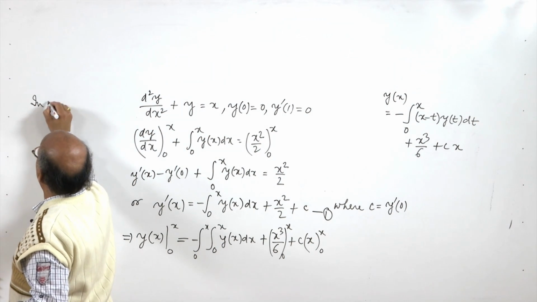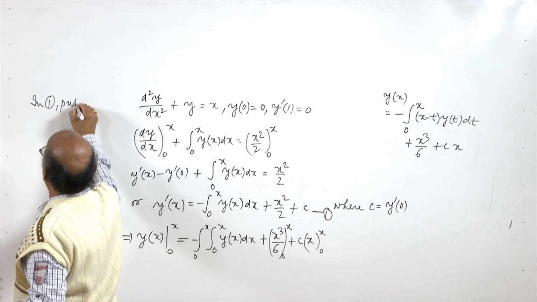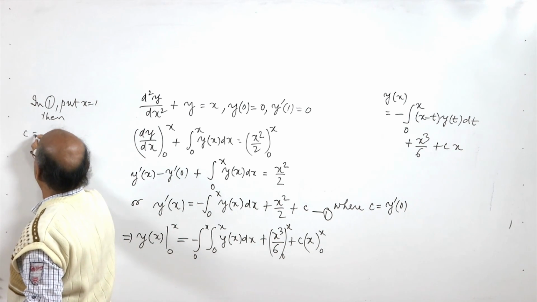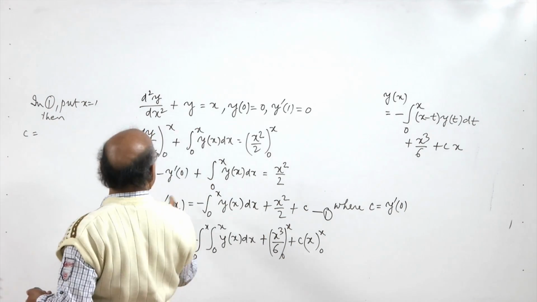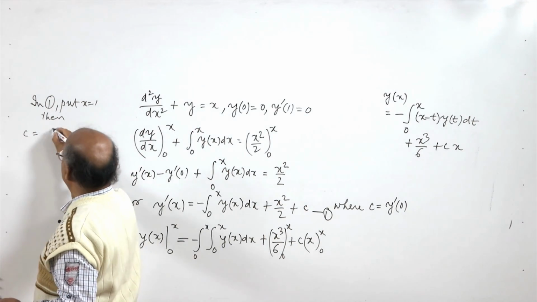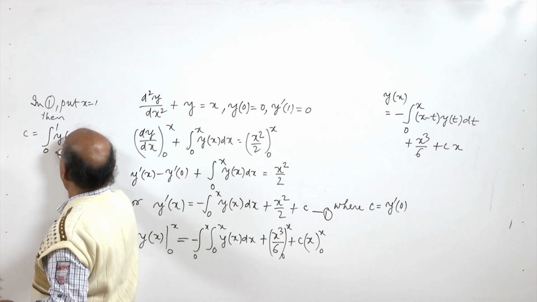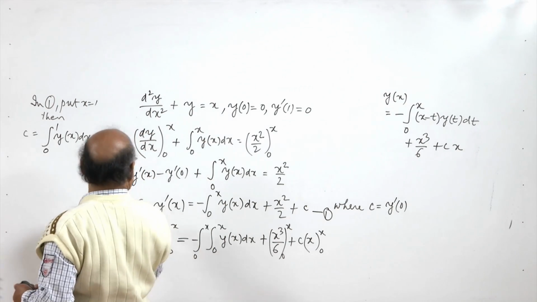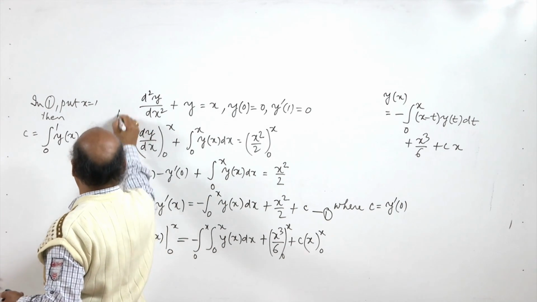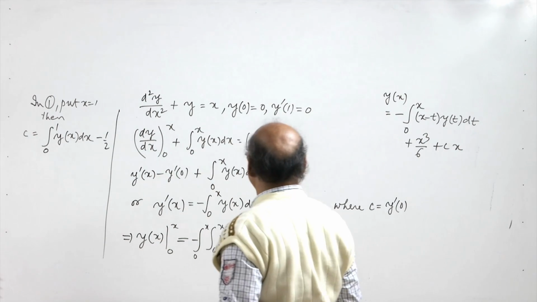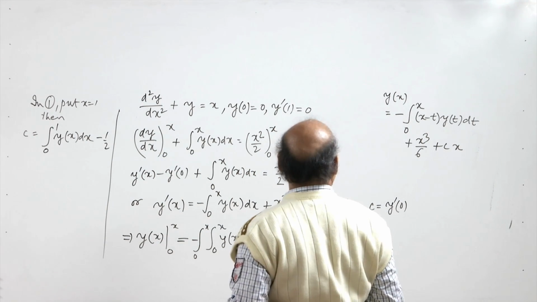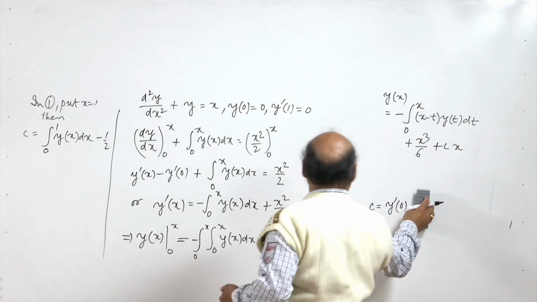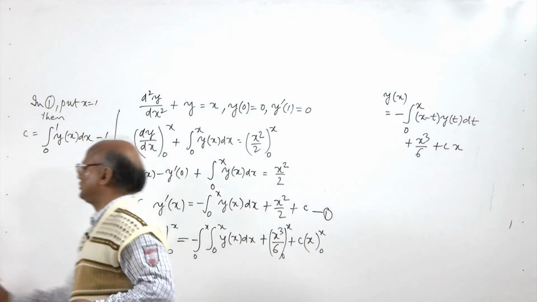Then we get c equal to, y'(1) is 0, so we get integral 0 to 1 y(x) dx minus 1/2. So this value of c we substitute here and obtain the integral equation.